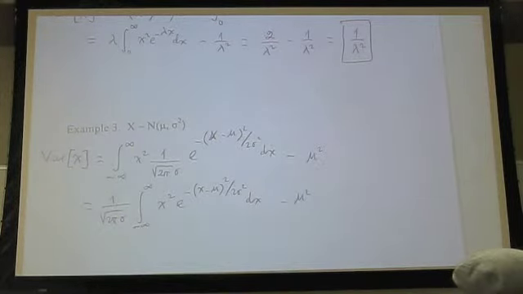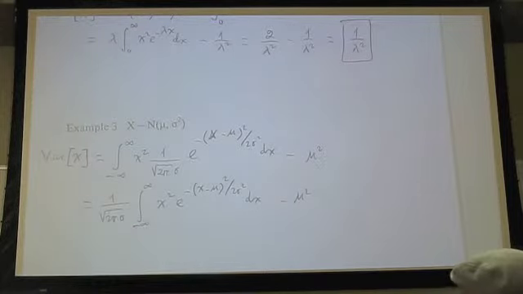Now give me an argument, or give me an approach on how to handle the first integral right there. I'm going to change variable, let z equal to (x minus mu) over sigma, for example. That will take care of the exponent, right? Then the exponent will be e to the minus z square over 2 or something like that, right?